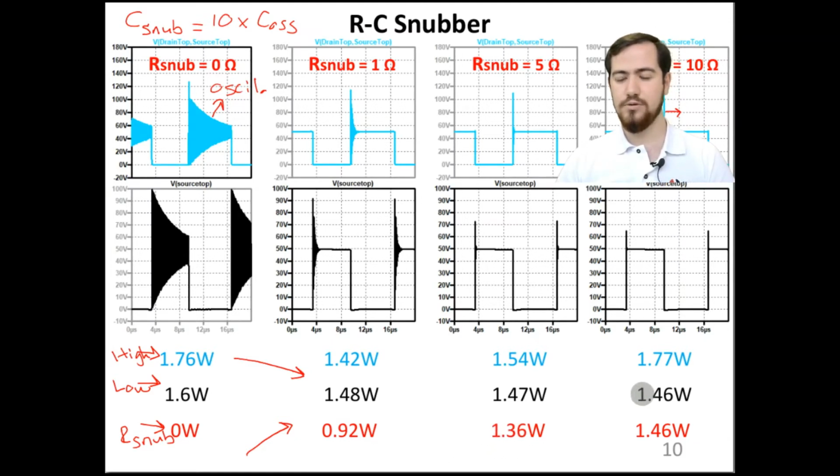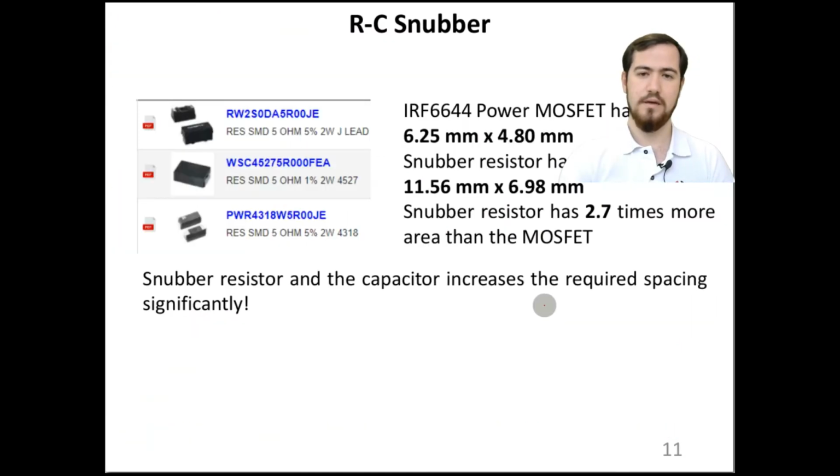So based on the waveforms and the results, we can say that the option with 5 ohm is the most suitable one, since the oscillation is almost eliminated, and moreover the switching losses are lower than the 10 ohm case. So we are going to talk about this case in the further slides.